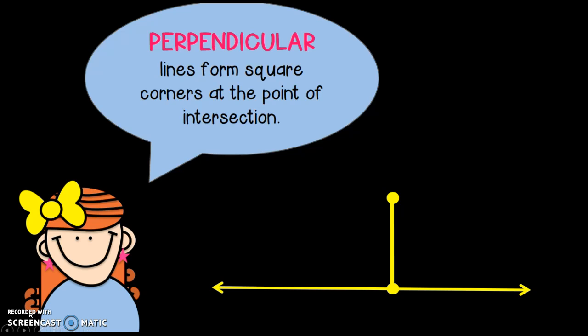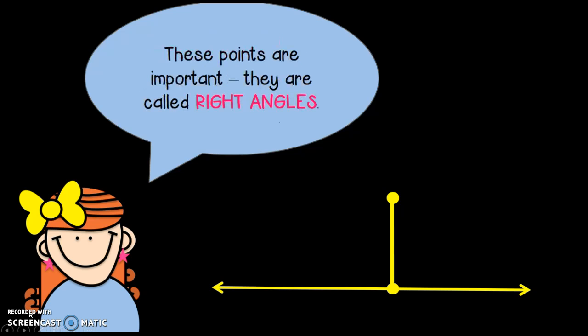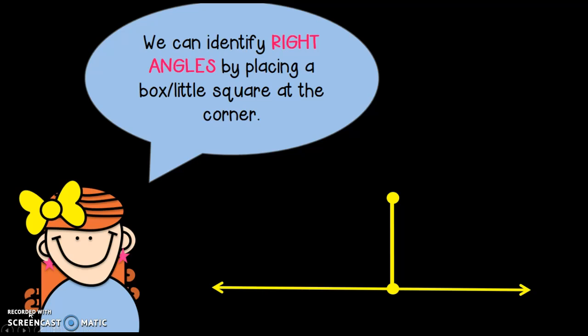Perpendicular lines form square corners at the point of intersection. These points are important. They are called right angles. We can identify right angles by placing a box or a little square at the corner.